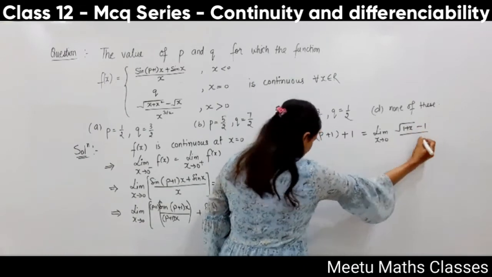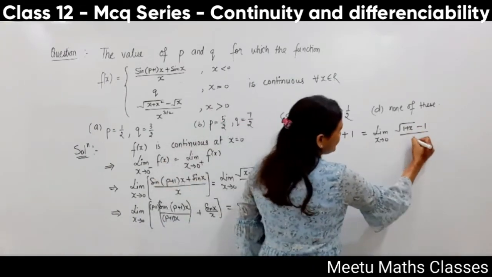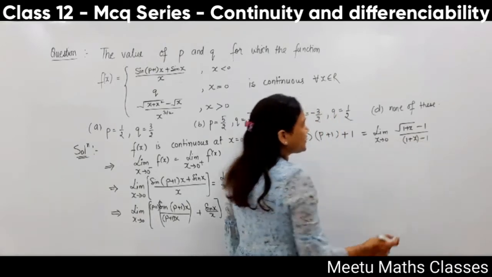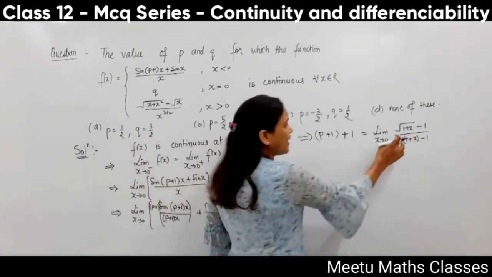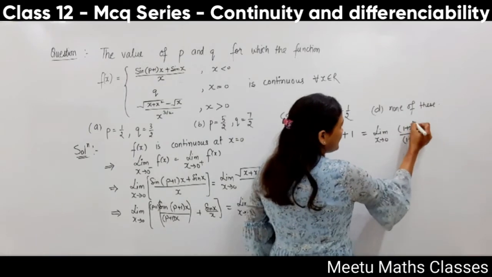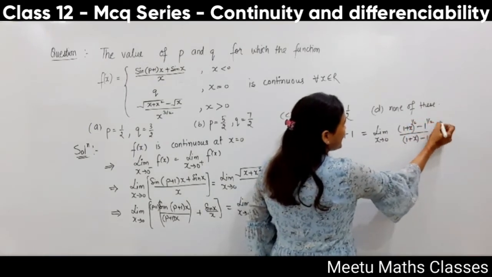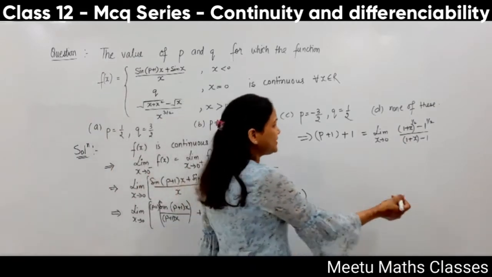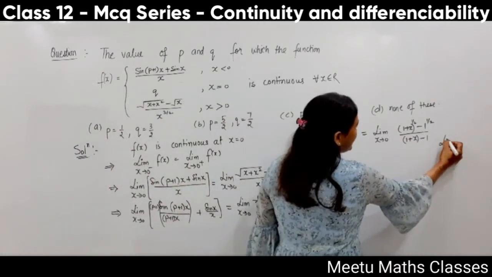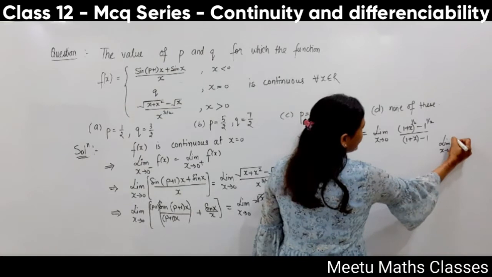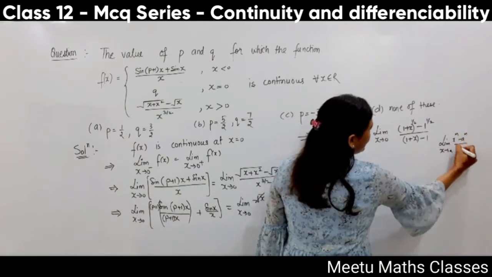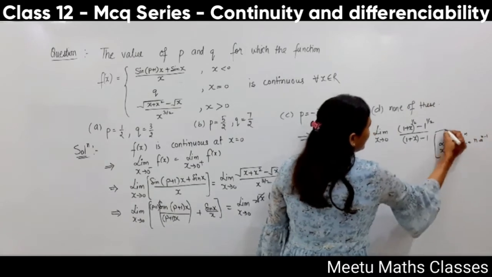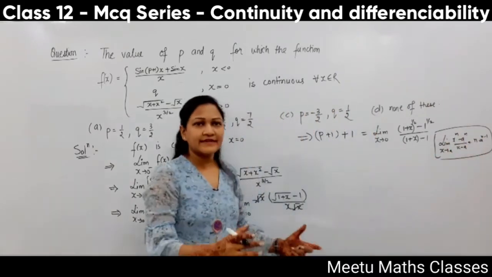Now this can be written as, in the denominator you can add 1 and subtract 1, so (1 plus x) raised to power half minus 1 raised to power half upon (1 plus x) minus 1. So by using your standard limit, limit x tends to a, x raised to power n minus a raised to power n upon x minus a, is equal to n into a raised to power n minus 1. This is one of your standard limits.